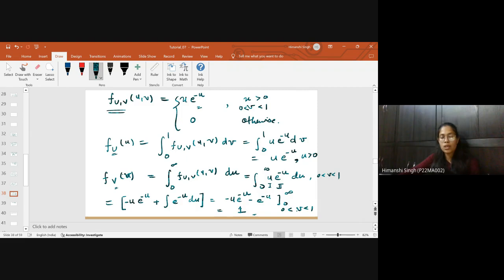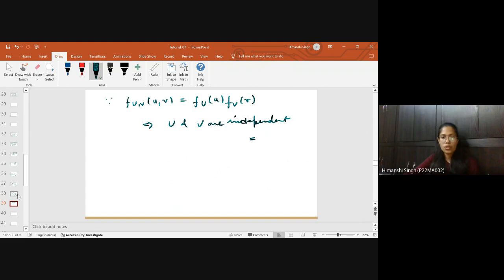If I take the product of the marginal of u and the marginal of v, it will be u into e to the power minus u, with u greater than 0 and v between 0 and 1, which is nothing but the joint density. So I can say that u and v are independent random variables, because the joint density and the product of the marginals are equal.